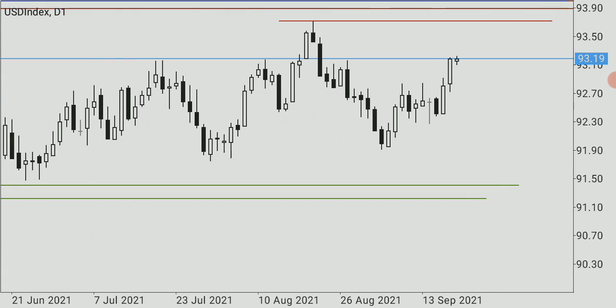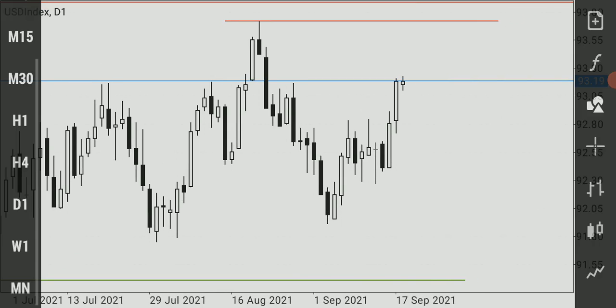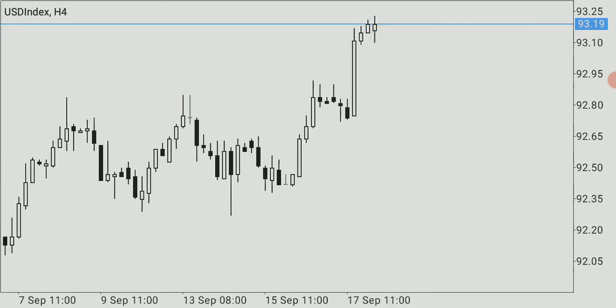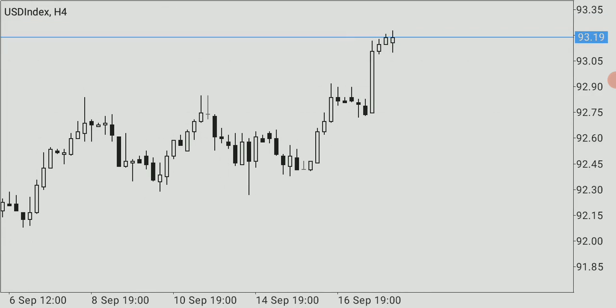So we're going to be bullish for this particular week, and from the 4-hour time frame, what can we likely see?